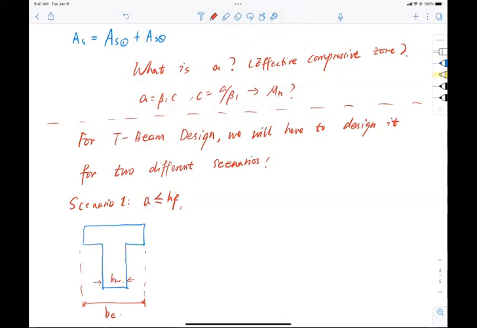Okay, so a is the effective zone size. So that means a is right here, because a is smaller than hf, where hf is the flange height. And what does it mean? It means that I look at the section and I realize that I just have an effective compressive zone within the flange.